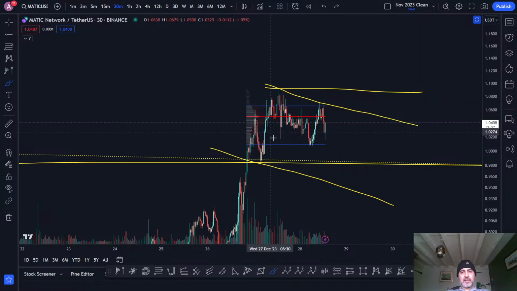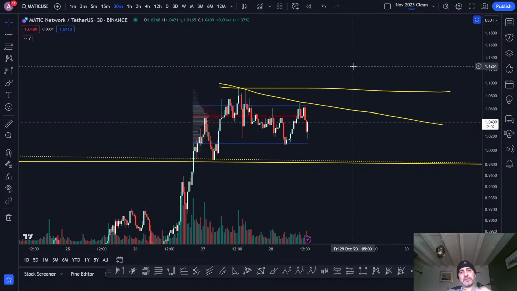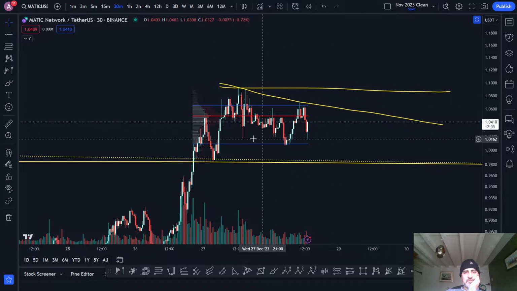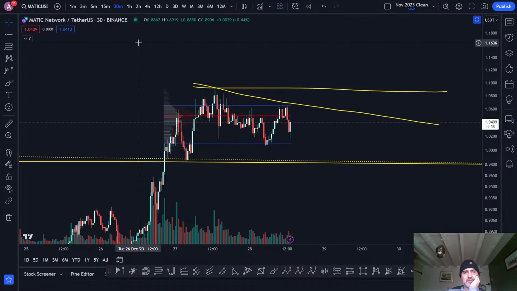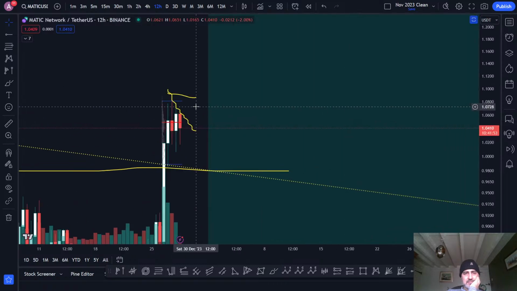And I can't see a flag right now. There's no flag at the moment. Don't know what this is. This is just nothing. This is indecision, actually.